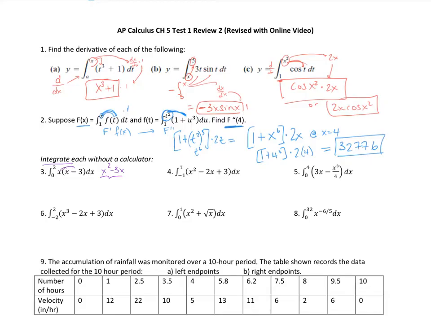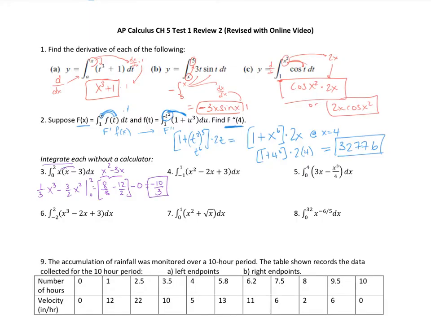So this one ends up being 1/3 x cubed minus 3/2 x squared on the bounds from 0 to 2. Substituting these in yields 8/3 minus 12/2 as the first part, minus 0. When we put in 0, we're going to get 0 on both sides. And this ends up being negative 10/3 as our final solution.